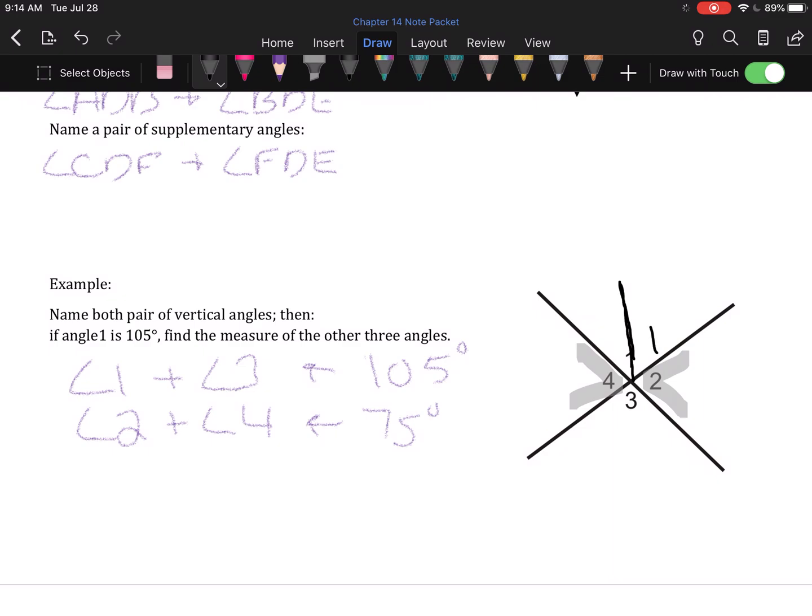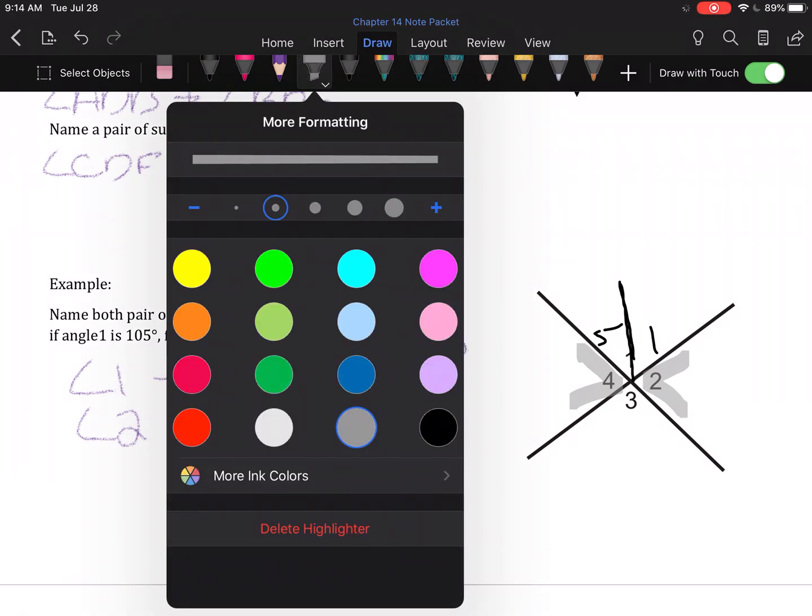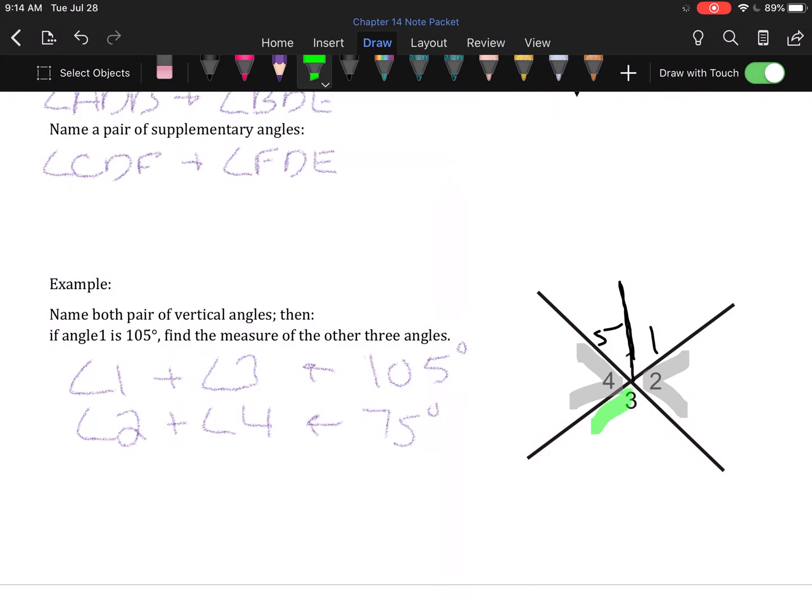This is now 1, this is now angle 5. Angle 3 is not vertical to anything because opposite angle 3, the part that looks like it should be vertical, isn't a single angle. It's been split into two. So those are no longer vertical.